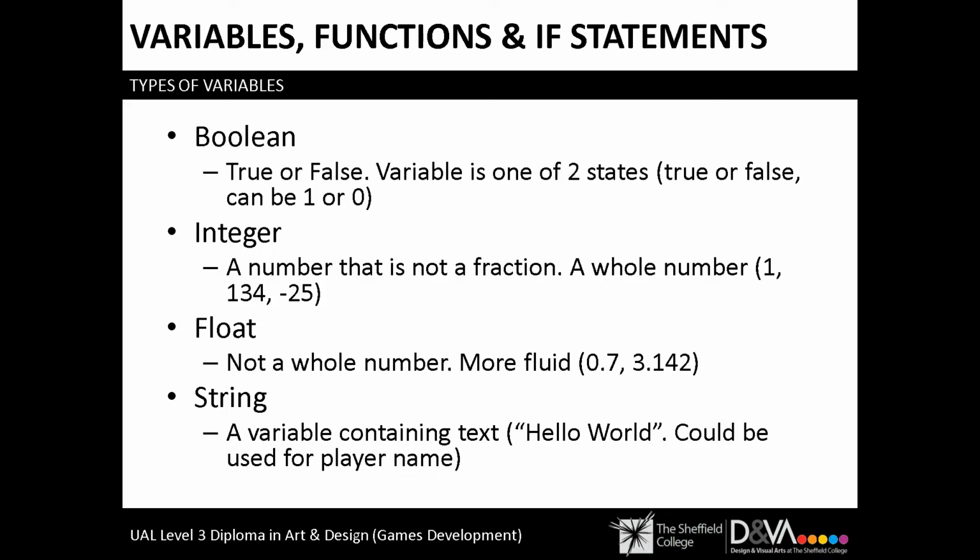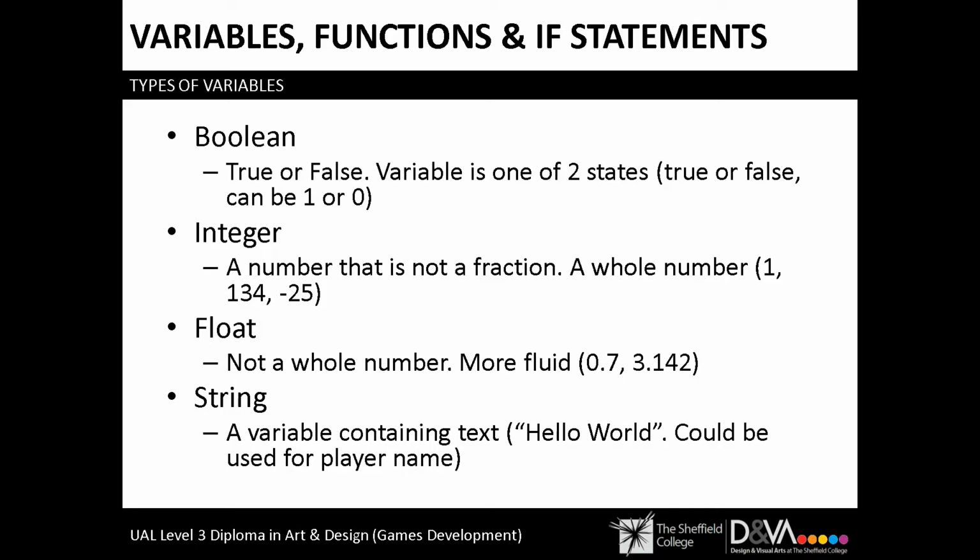An integer is just a whole number, so it's a number that doesn't have a decimal point after it. A float is a number with a decimal point after it, like these examples, 0.7, 3.142. And a string is a variable containing text.